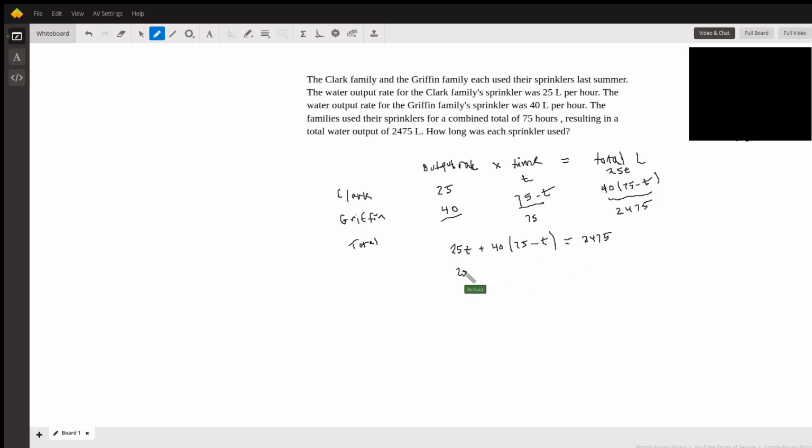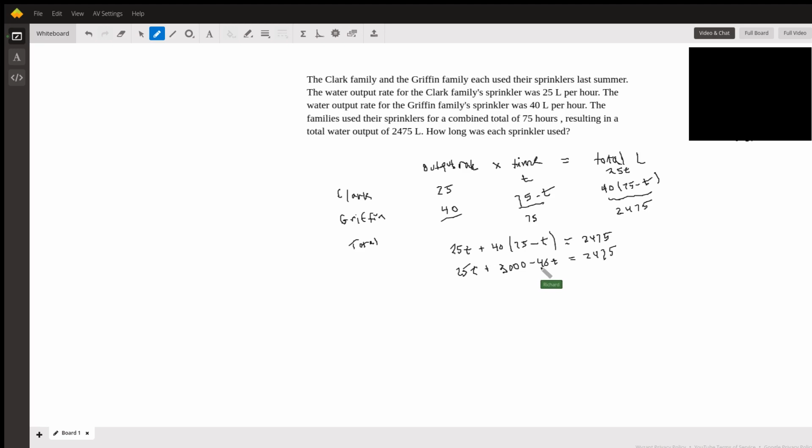So 25T plus 40 times 75 is 3,000 minus 40T equals 2475.